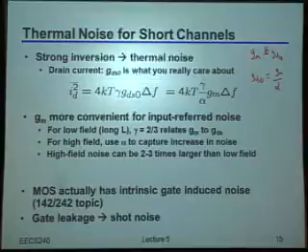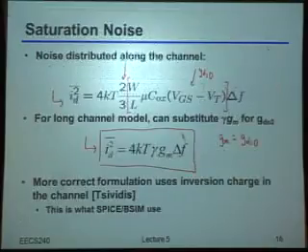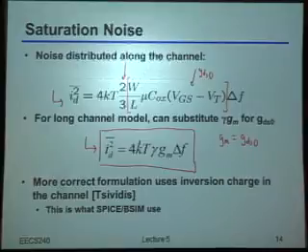In other words, the drain noise current density you would get is roughly 2 to 3x higher than you would have expected based on the purely short channel derivation. Okay? So again, as I mentioned before, I will mostly use this expression here. I'm just going to be kind of lazy and say that it's 4 kT gamma GM.